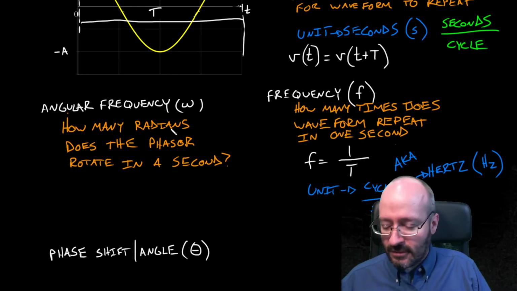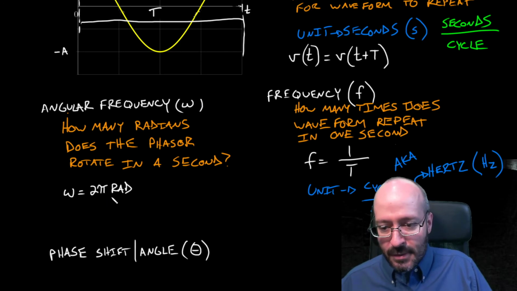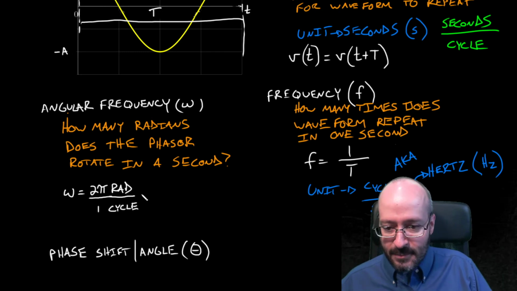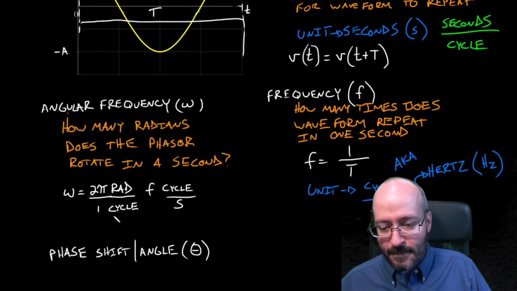We use lowercase omega for this one. We can get to that pretty easily by saying omega equals 2 pi radians, because we have 2 pi radians in one cycle, right? So thinking back to these units all the time, and that is going to be multiplied by f cycles per second.